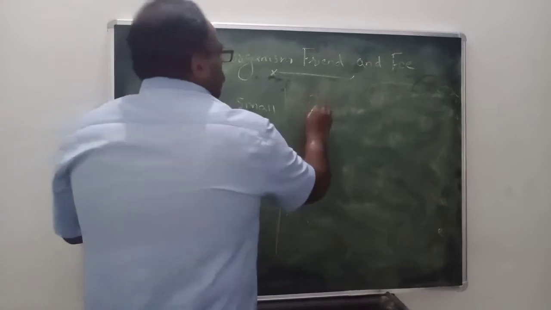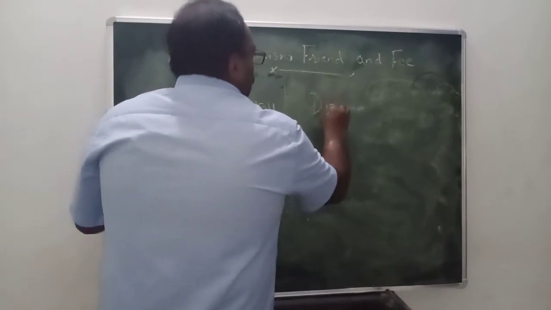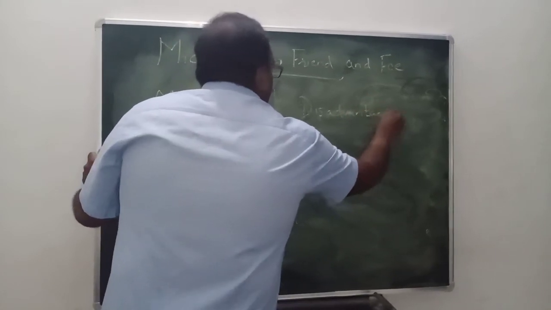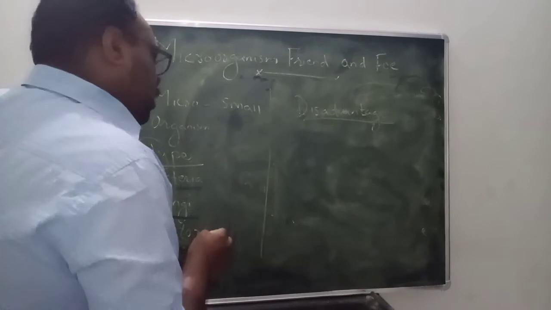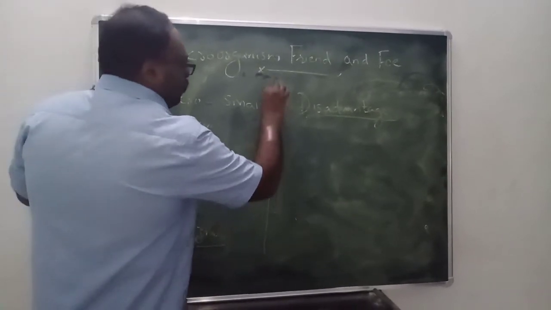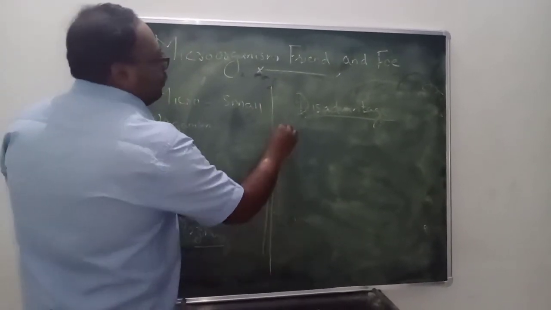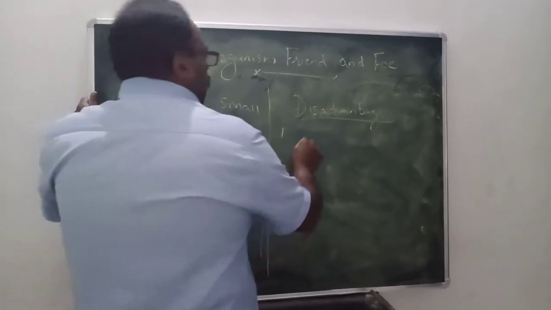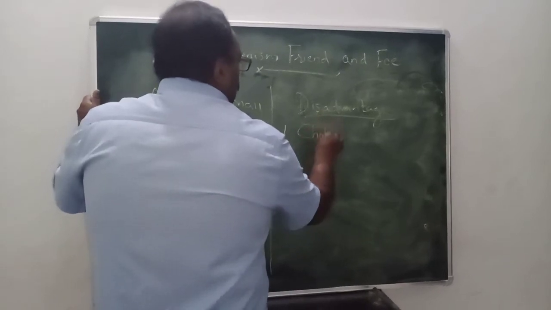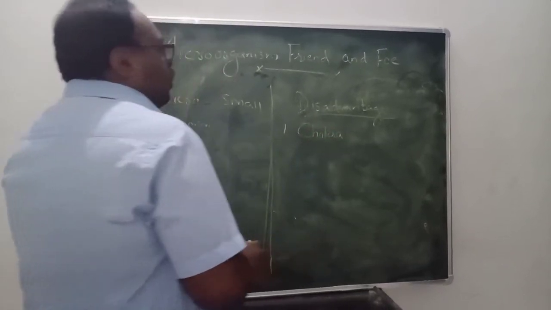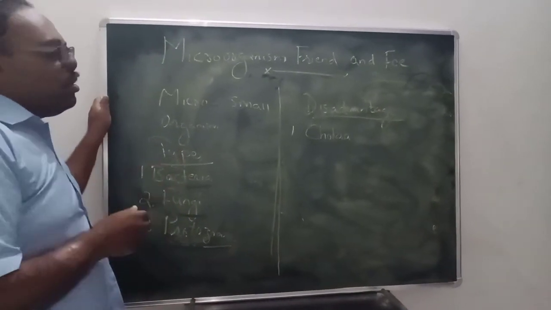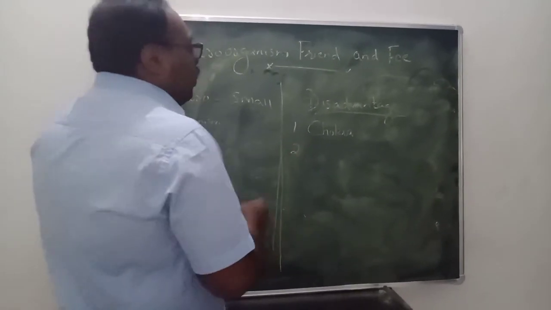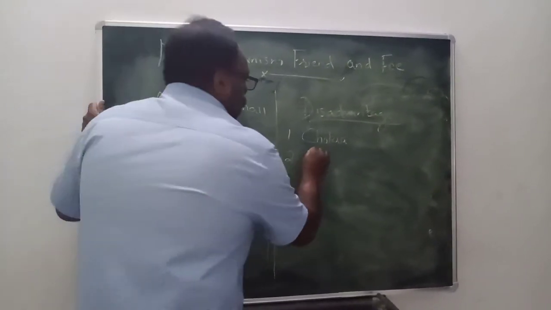if you take the disadvantage part of bacteria, I'll give one example, cholera, which is a very common disease. It is caused by bacteria. Number two, leprosy.